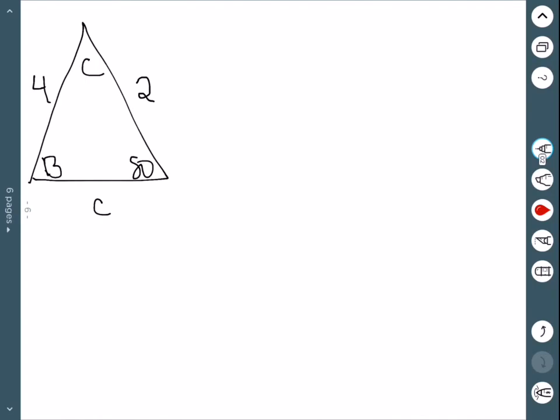Let's look at another one. This time, I have sine of 80 over 4 is equal to sine of B over 2. So we just need to work this out. And if we try to simplify this, do sine 80 divided by 4, go ahead and multiply by the denominator of 2.